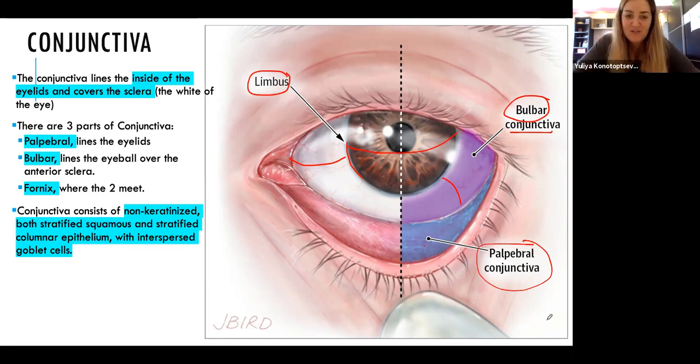But there is one more thing you need to remember: there is a border where bulbar conjunctiva meets up with the palpebral. And I chose a wrong word. It doesn't meet up, it reflects on this area. This area is known as the fornix. So the fornix is the part where bulbar reflects and becomes palpebral.